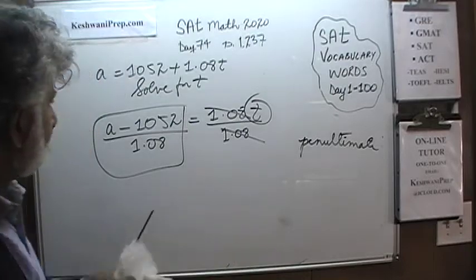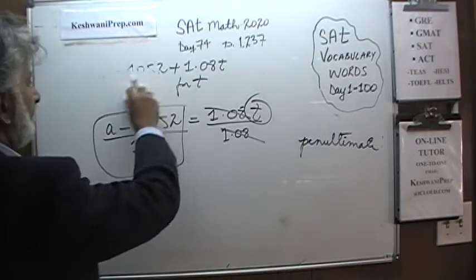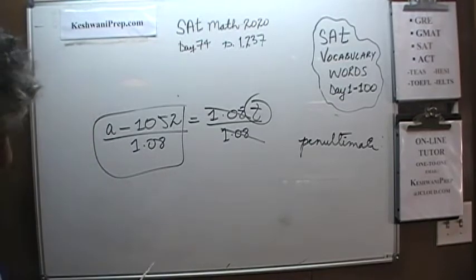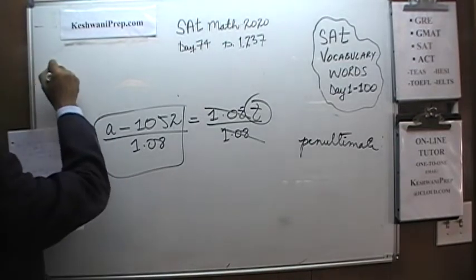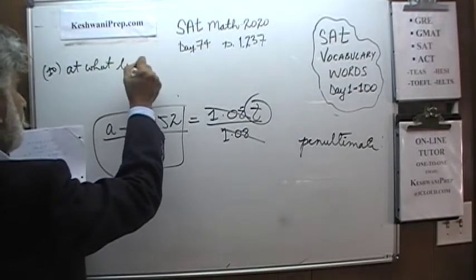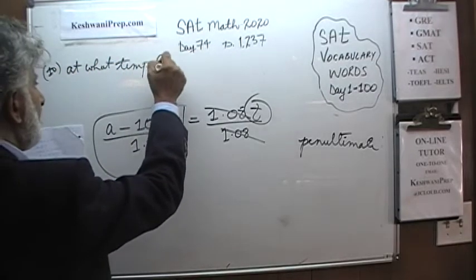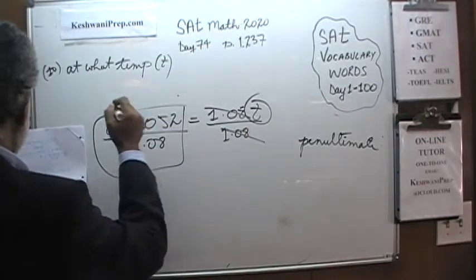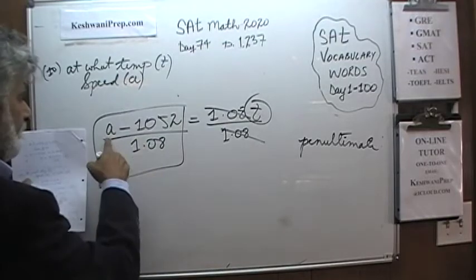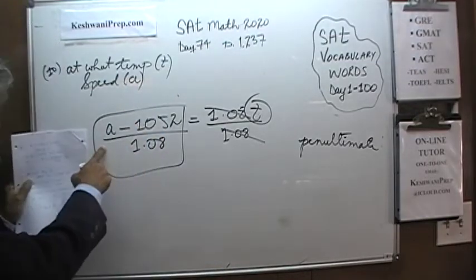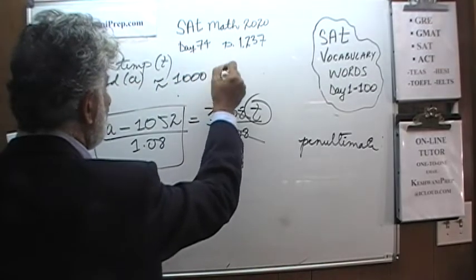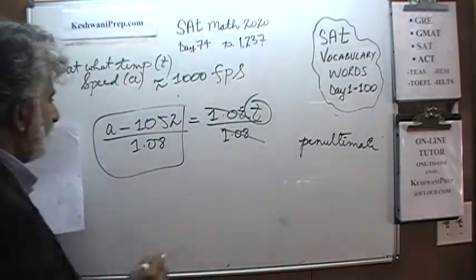Let's look at number 10. Number 10 says, at what temperature, which is represented by the letter T here, does the speed, which is represented by the letter A here, measured in feet per second, equal approximately 1000 feet per second?